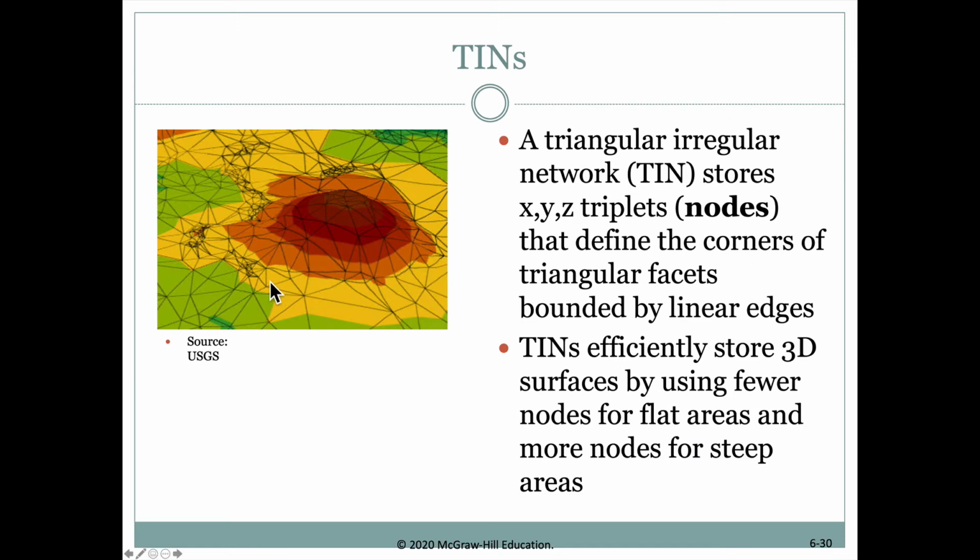Another way that 3D data is stored is as TINs, and this would be, once again, back to surfaces like an elevation surface from a digital elevation model. A digital elevation model is great, but in an area like this we may have hundreds or thousands or millions of individual grid cells that are just defining this area where maybe the elevation doesn't change that fast. But if we find those areas where there are changes in elevation, we assign points to those, and then we draw triangles in order to come up with a surface that would have a continuous slope in that area.